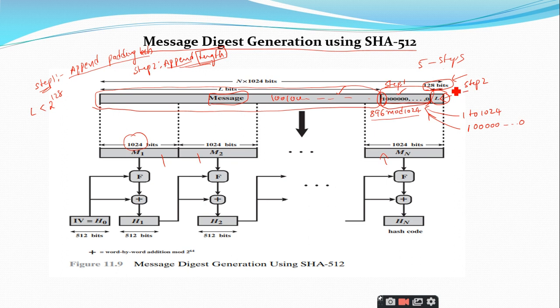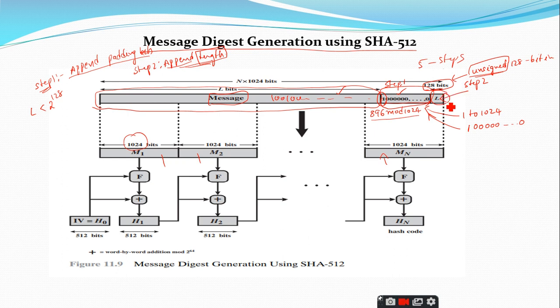And this 128 bits is treated as an unsigned 128 bit integer. Unsigned means there is no need for representing the positive and negative sign. This particular field is going to represent the length of the original message. Therefore, you can represent it as an unsigned 128 bit integer.